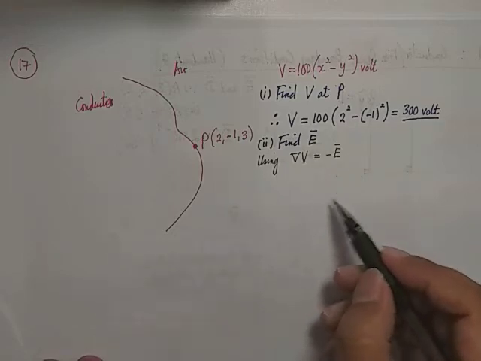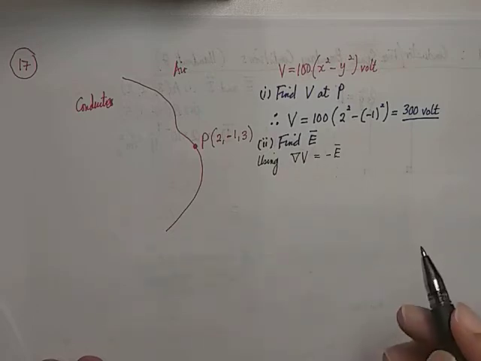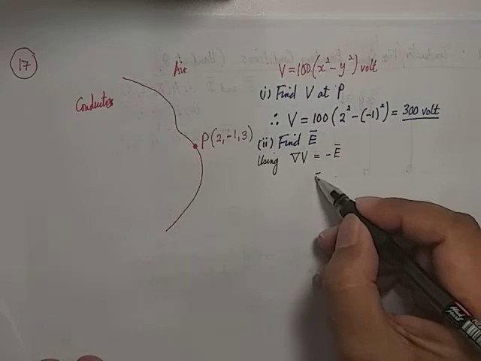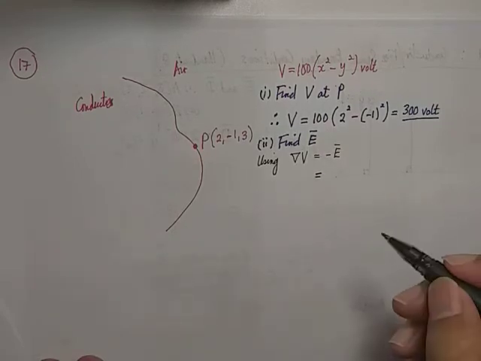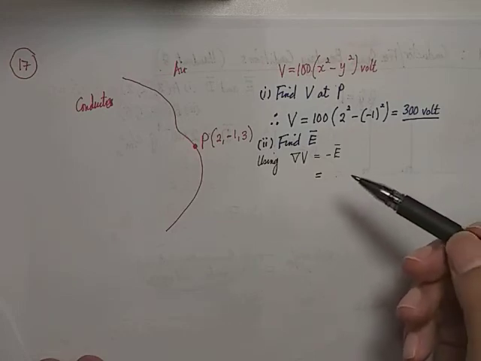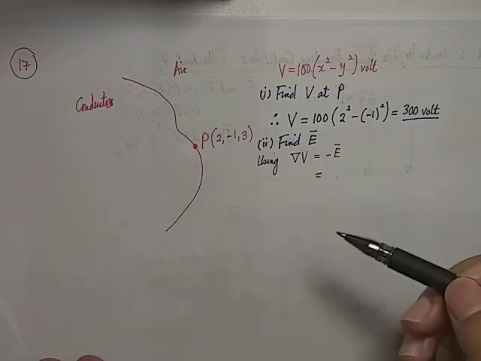That should be the way we find the electric field from the information of potential. We have seen this equation being explained, so we need to use it here. So what should grad V be equal to? We have to use the table. Which coordinate system do we need to represent the grad V equation?